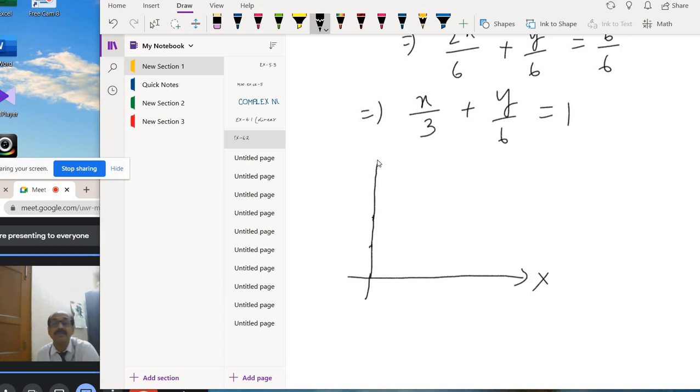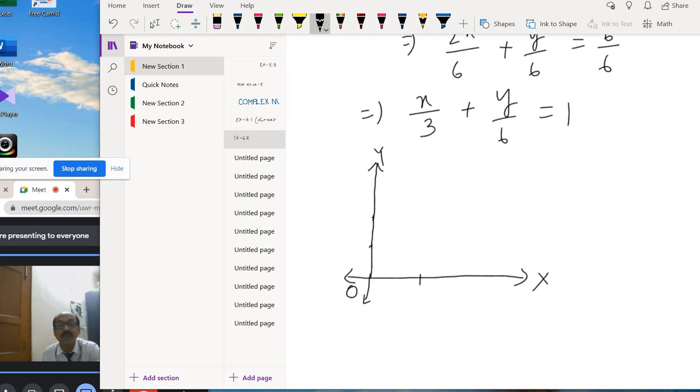X-axis, y-axis, this is the origin O. Okay, and x is 3 units, so suppose this is 3.